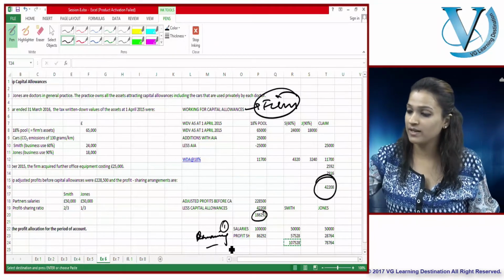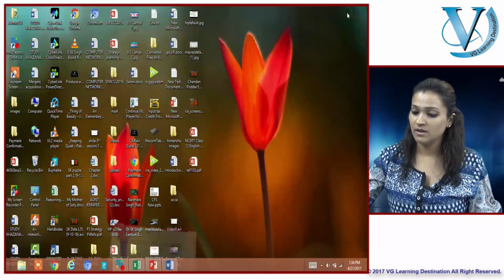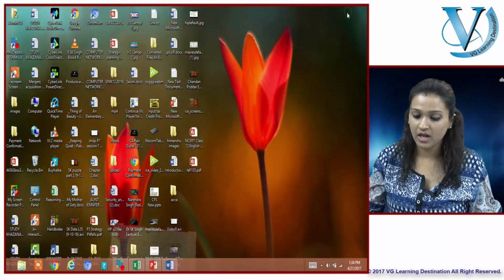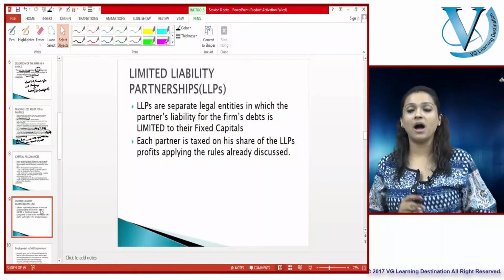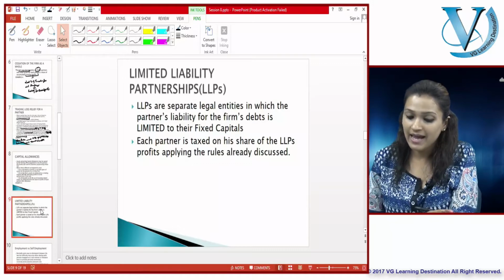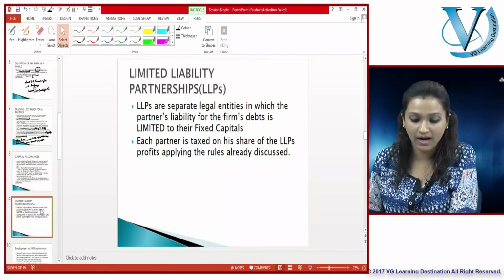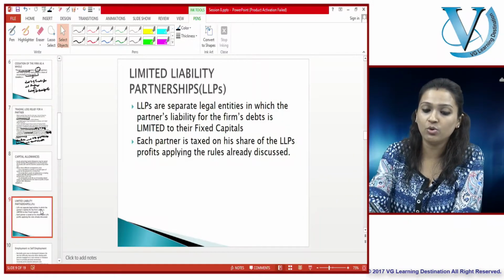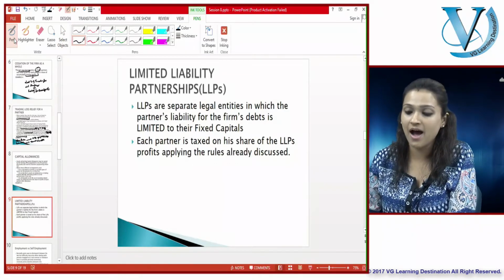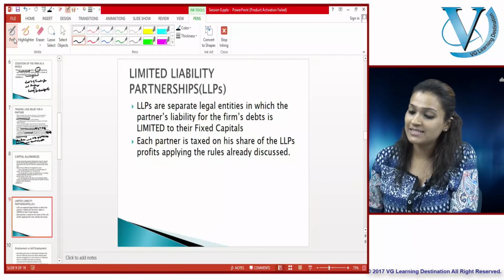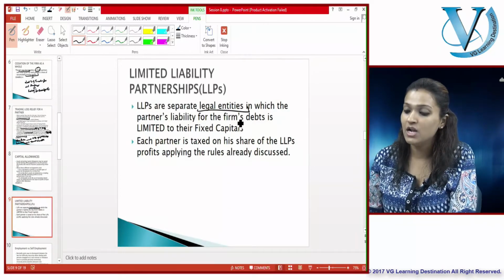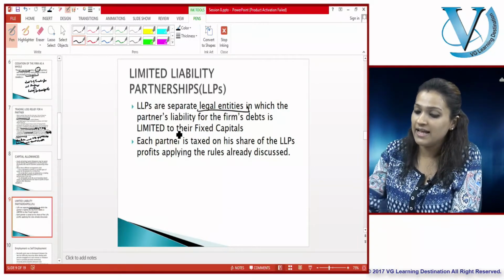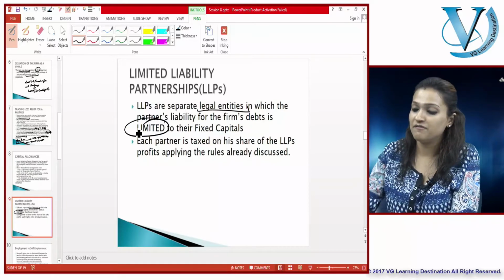What else? Let's quickly get back to the rules without wasting any time. What happens if there is a limited liability partnership that we have been given? If it's a limited liability partnership, the LLPs are separate legal entities in which the partner's liability for the firm's debt is limited to their fixed capital.